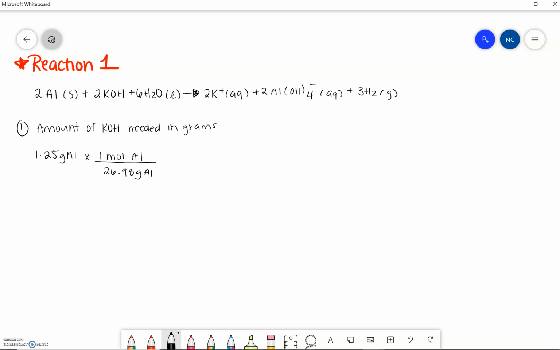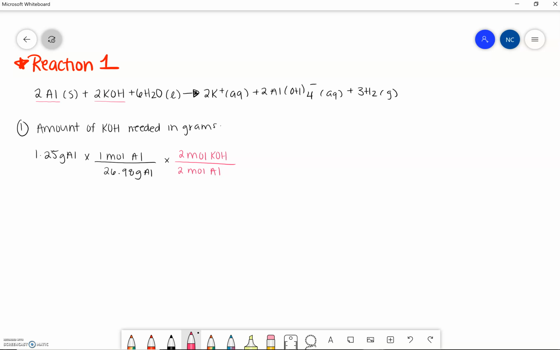To get to KOH, we will be using the balanced equation. From aluminum to KOH, it's a 2:2 mole ratio, so 2 moles of aluminum and 2 moles of KOH.